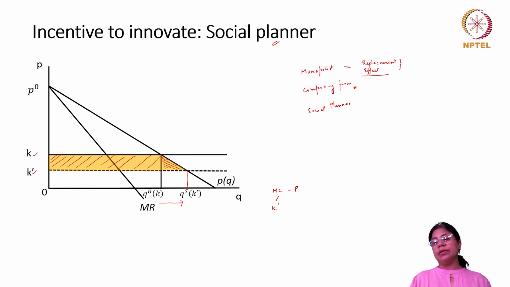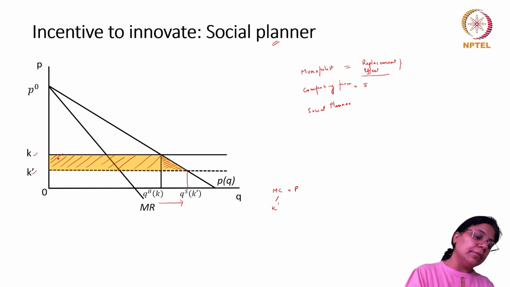So whatever they gain is new profit. However, even when they do that, they will not be charging the reduced price to the consumer, as they will have no motivation to do that. They will continue with the K, and as a result the profit that they will make is rather less.